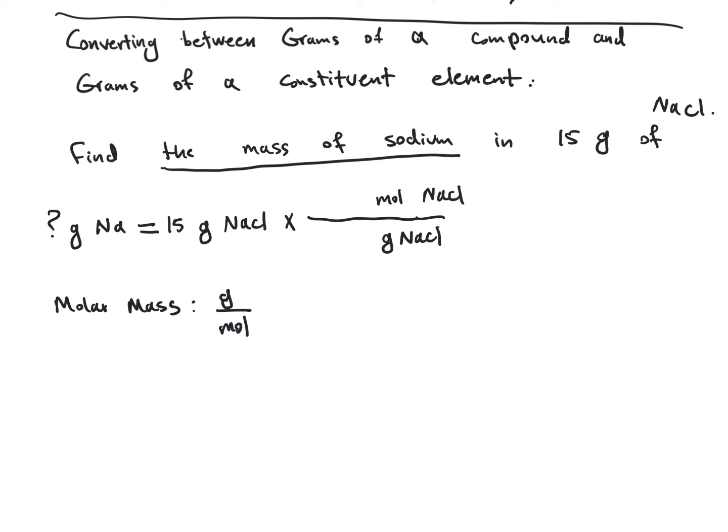Mole of NaCl. For any problem where you have the grams of a molecule or element and want to convert to the grams of another constituent, you first should convert to moles. In the chemical formula, we have the means to convert the number of atoms to each other.